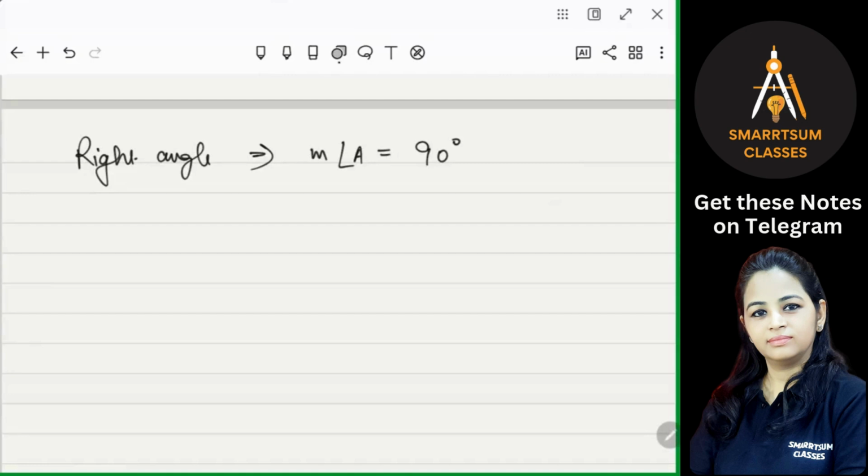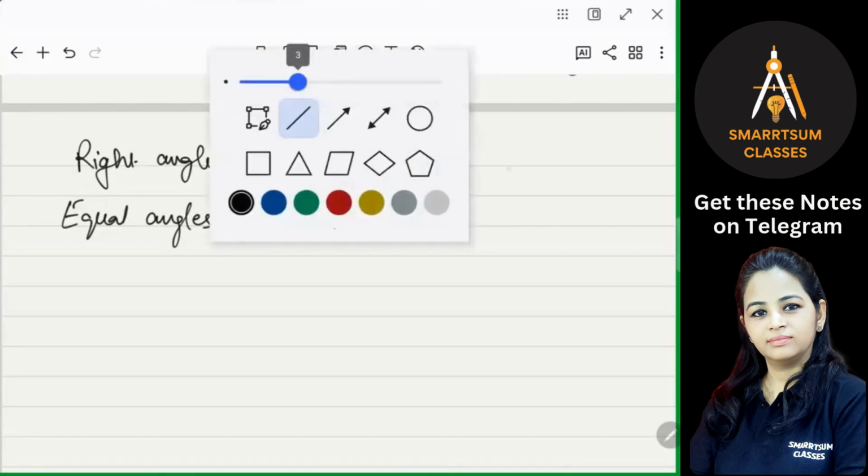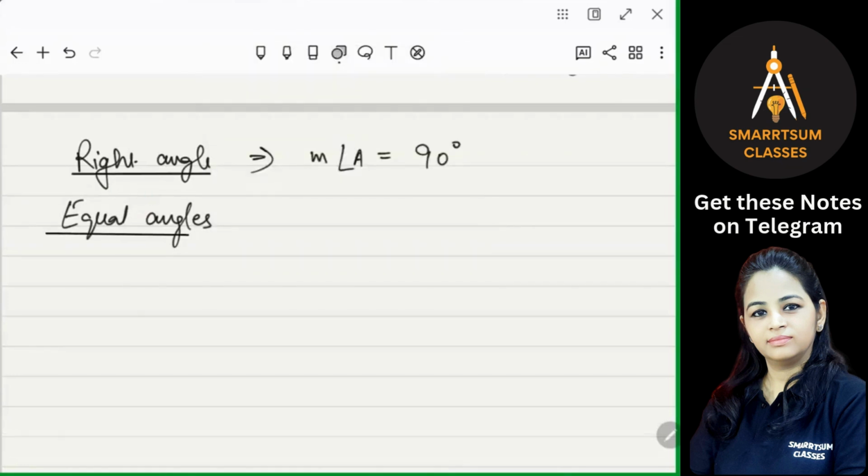Now, what are equal angles? What do you mean by equal angles? Two angles are said to be equal if they are having the same measurement. They are called equal angles.